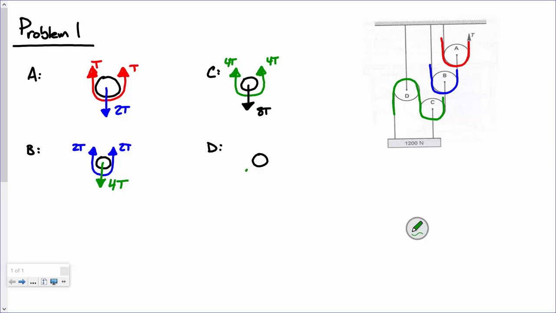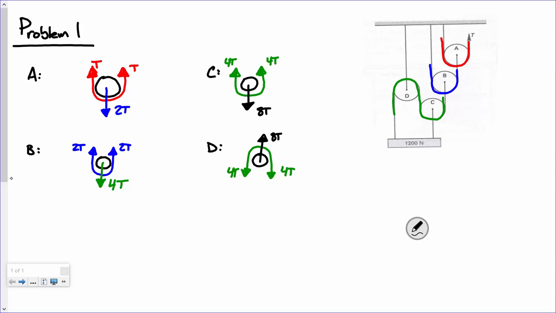So if I look at D, D looks like this and like that. This is 4T and 4T, right? This going up is 8T, right?